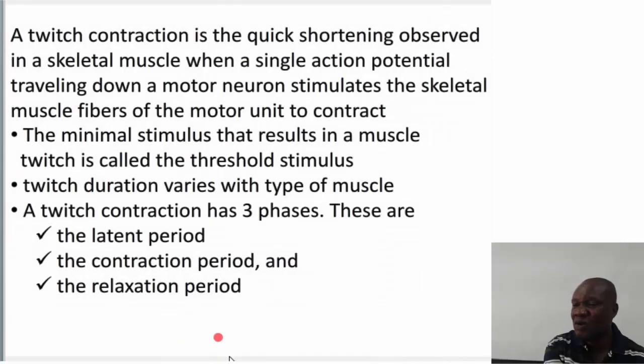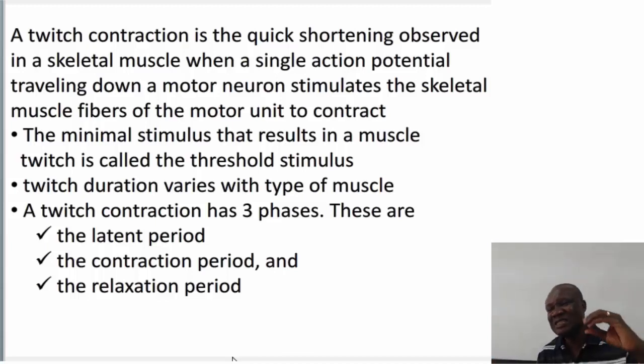Now, a twitch contraction is the quick shortening observed in a skeletal muscle when it's given a single action potential. When a single action potential is applied to the muscle, it will contract. That is, it will briefly become short. This brief shortening of the muscle is what we call the muscle twitch.